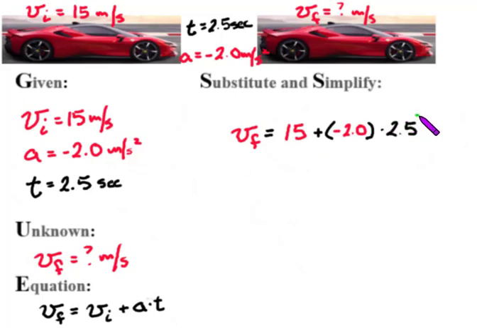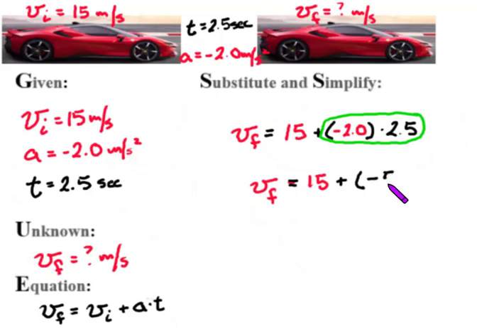Alright, since multiplication is a first order of math, I'm going to solve what's in the green circle first. My velocity final equals 15 plus negative 5.